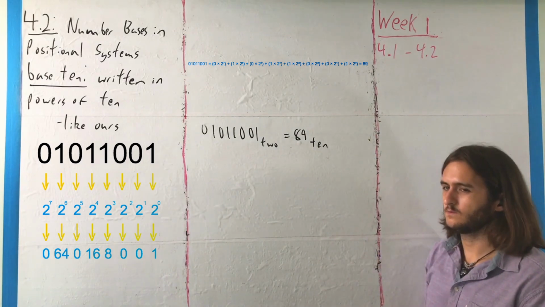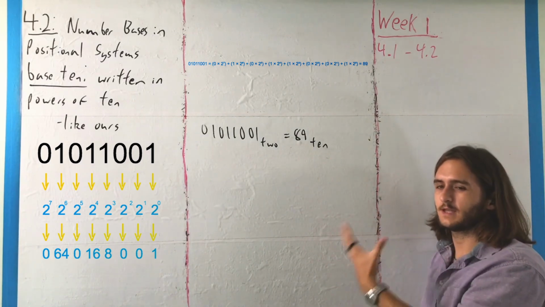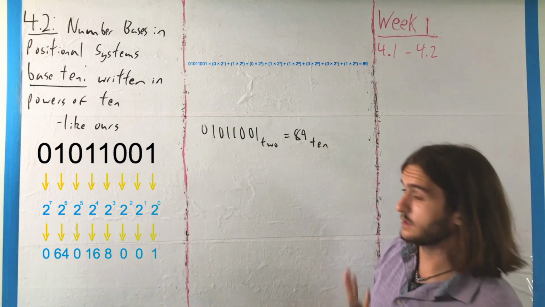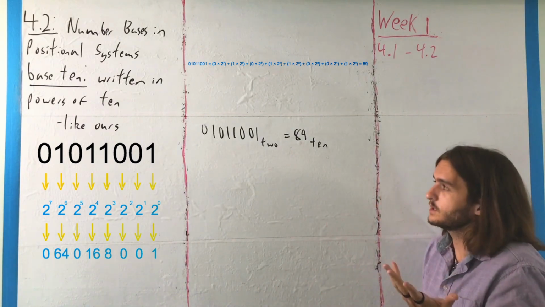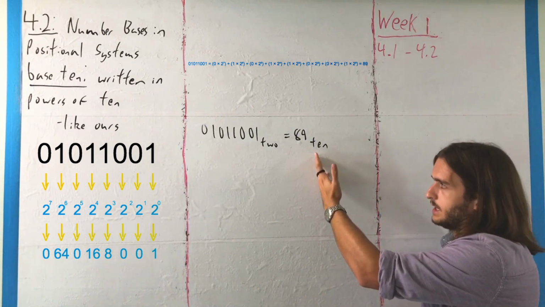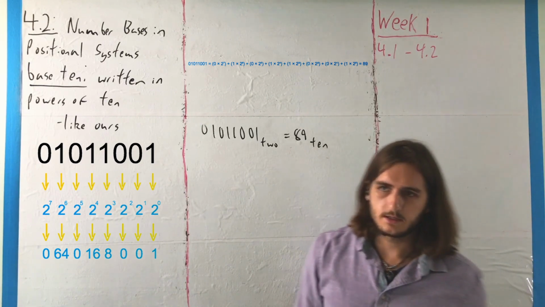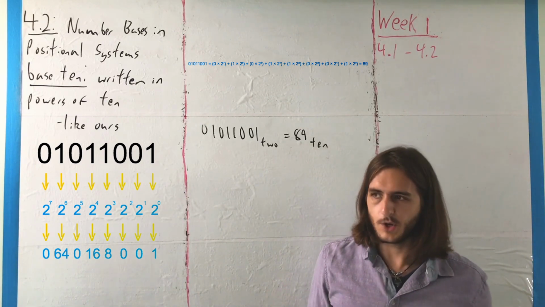And often we won't be writing that subscript 10 because base 10 is generally considered the default for the number system we're using, but for clarity, I included it there, and I'll probably include it in another example when it comes up, just so you know.